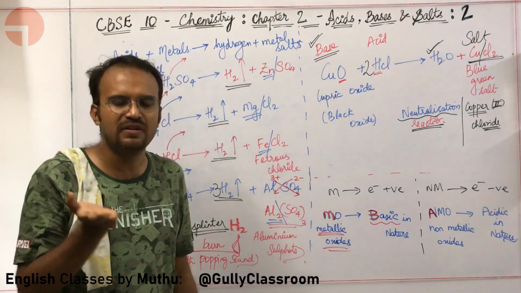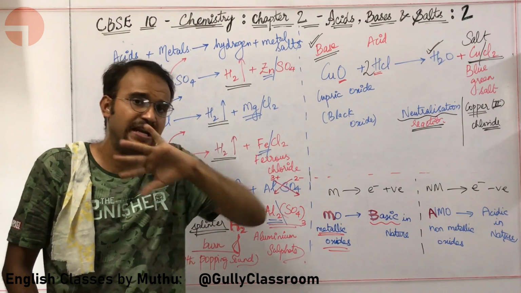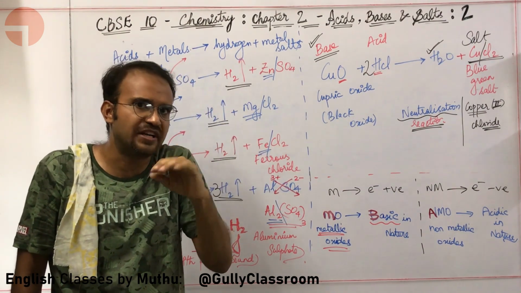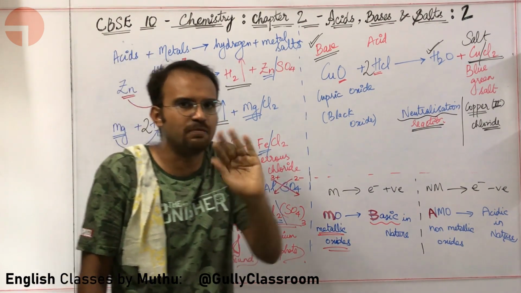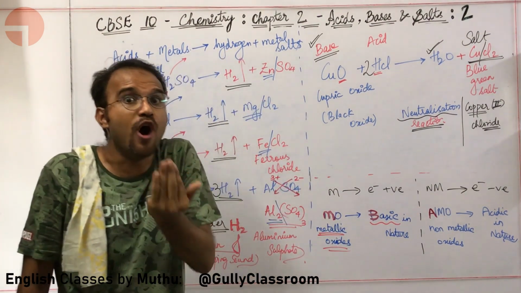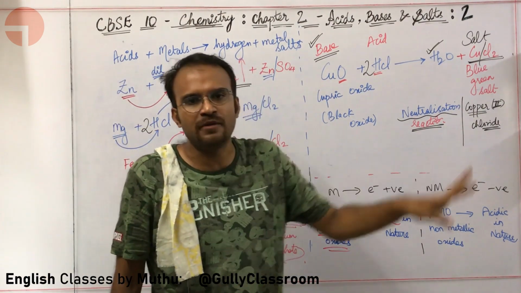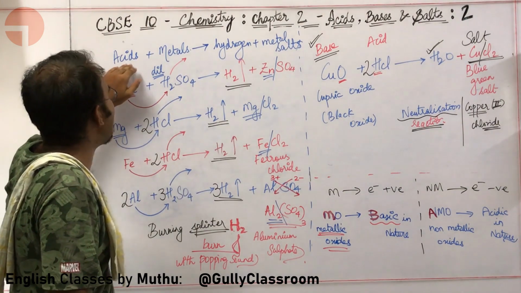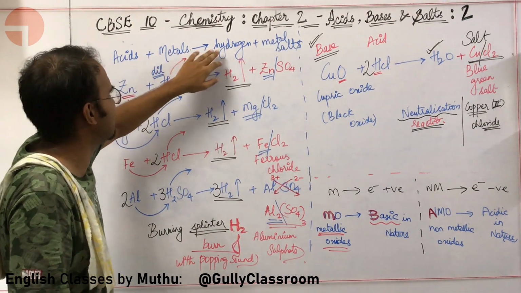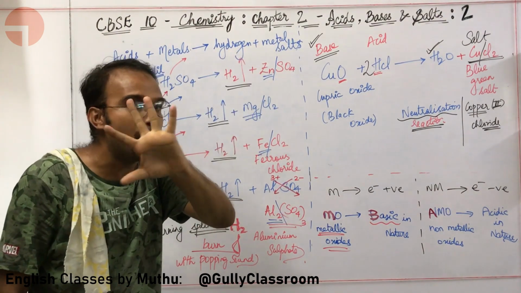Are you comfortable with how we did all the reactions? This particular lecture is very important. We saw what is neutralization, what are metals and non-metals, what is the nature of metallic oxides and non-metallic oxides. Then we saw how acids and metals react with each other, and the test for hydrogen: hydrogen burns with a popping sound.